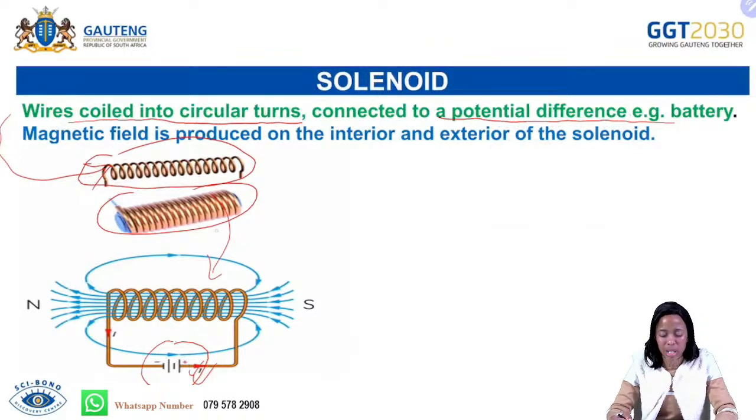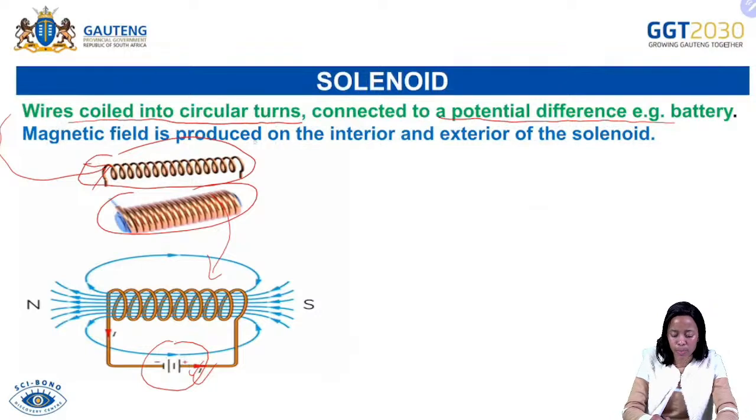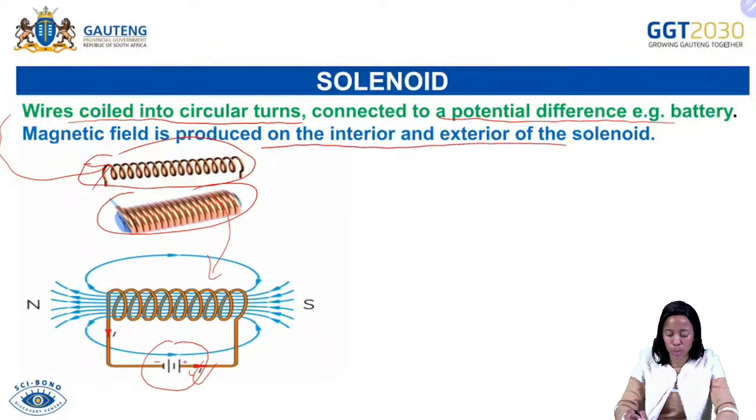So when we have current flowing in a conductor, a magnetic field will be produced. And this magnetic field will be produced in the interior and the exterior of the solenoid.